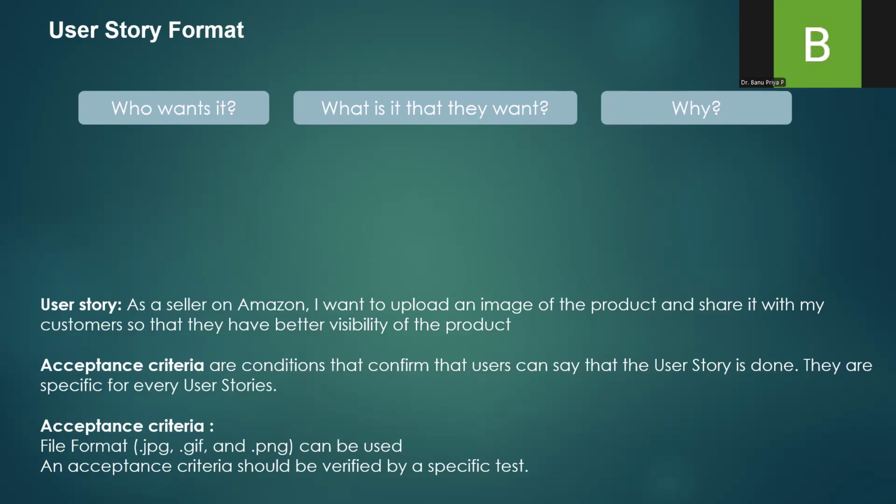Here the acceptance criteria is I should be able to upload a file format that can be a JPEG, a GIF format, or a PNG, anything can be used. If I can upload such an image and share it with my customers, then I have achieved this user story. I have completed this user story, right? That is why acceptance criteria is a condition to confirm whether I have completed my user story or not.